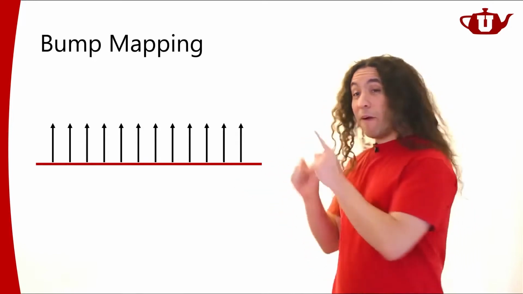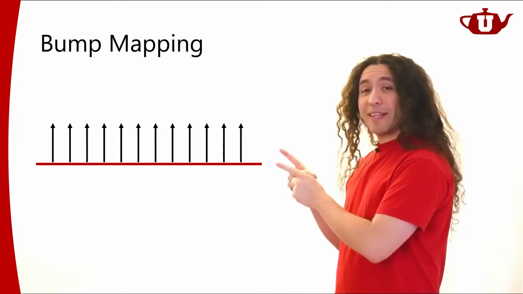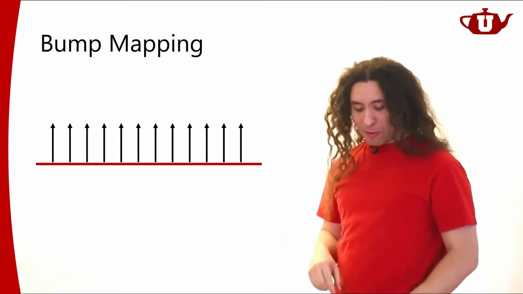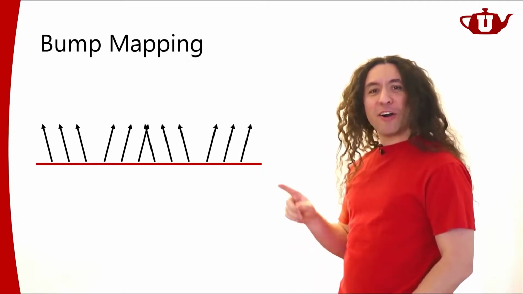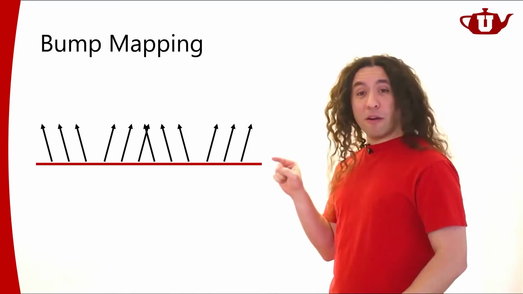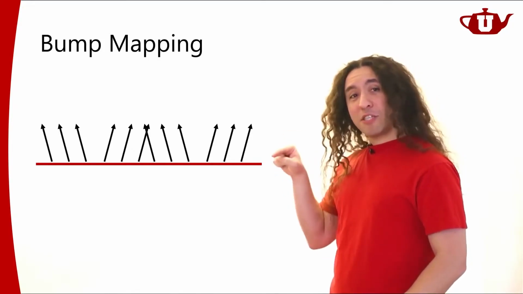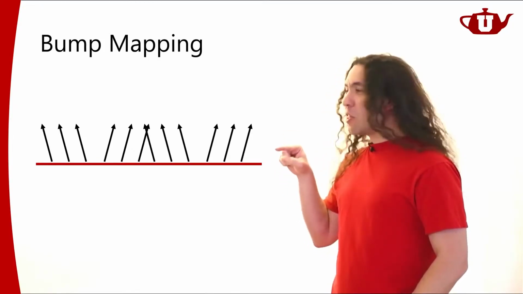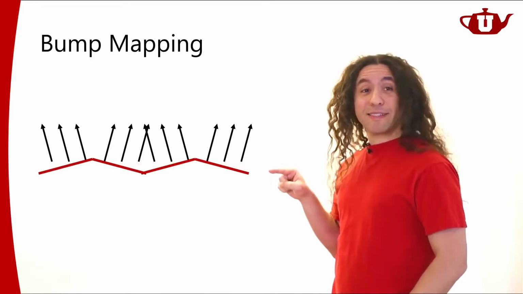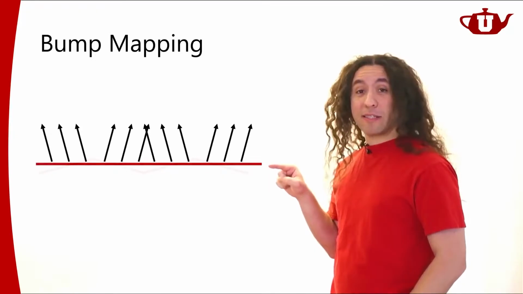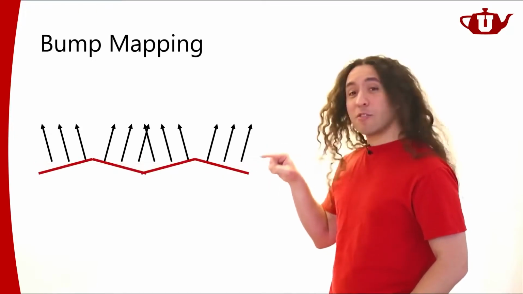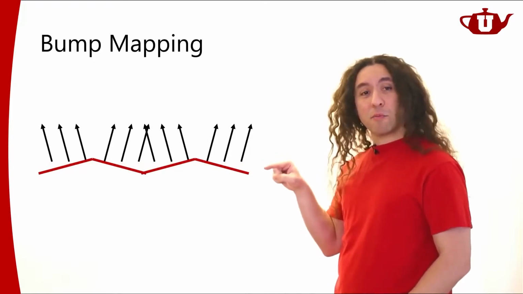But if I fiddle with the normals, if I change these normals and make them look like this, this is still the same flat surface, but because of shading, it has the normals of a surface that looks more like this, right? It's not that surface, it's still flat, but its normals are coming from a surface that looks more like this.